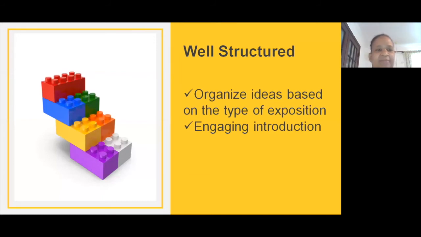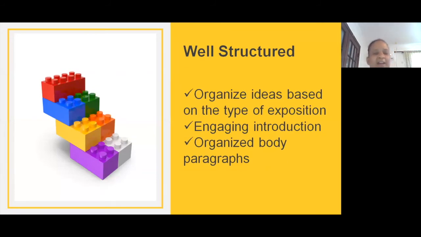The introduction fits neatly at the top of the essay, and it leads us into the rest. This organization is well structured, means your body paragraphs are organized. In each paragraph, you develop them the same way. Each paragraph has about the same amount of sentences.